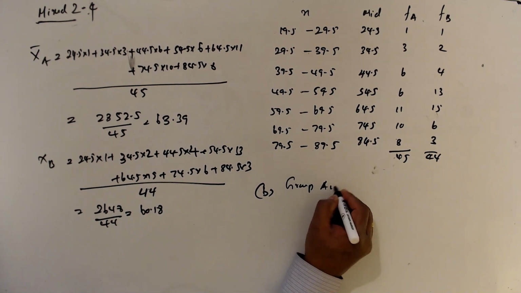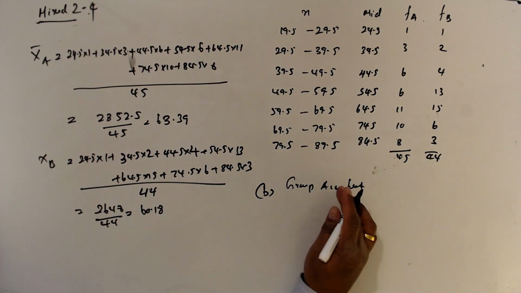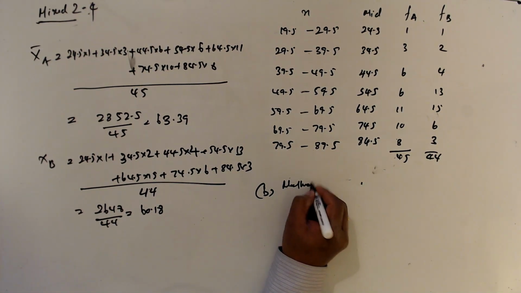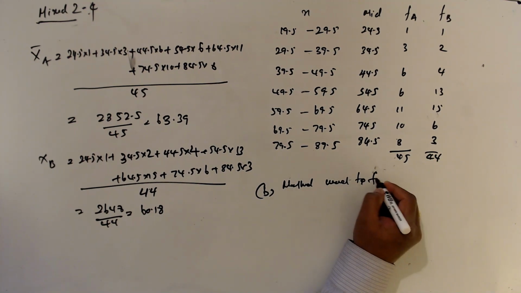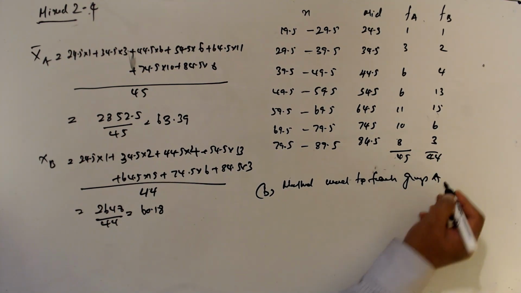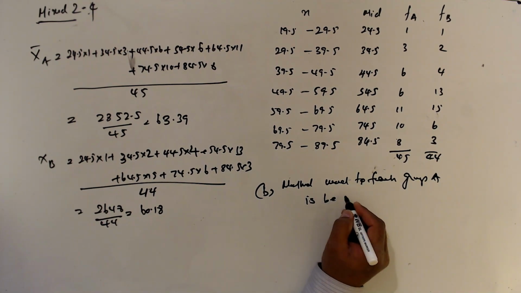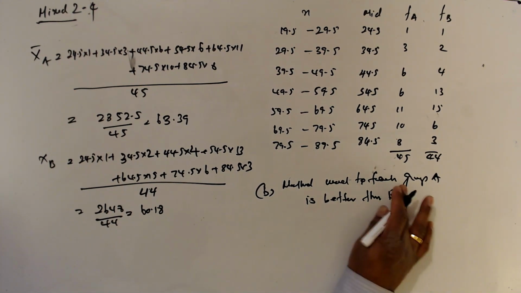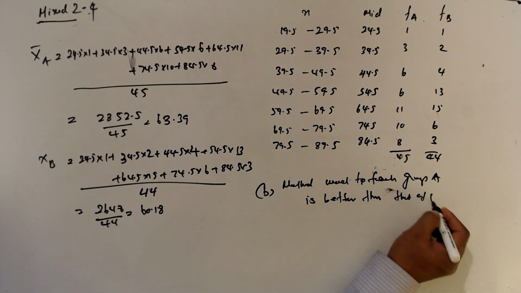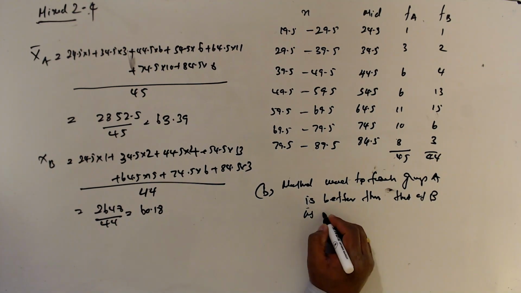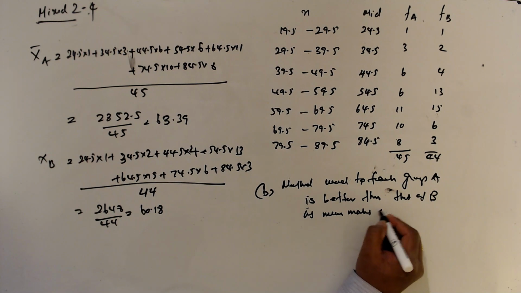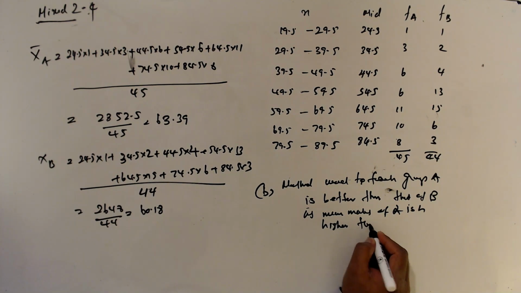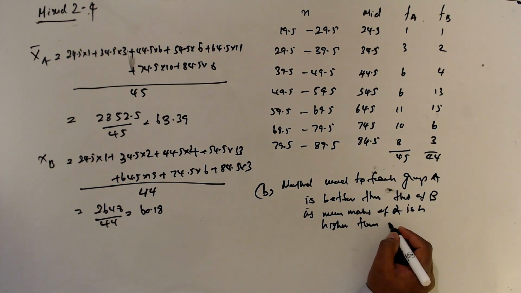So the method used to teach group A is better than that of B, as the mean marks of A is higher than B.